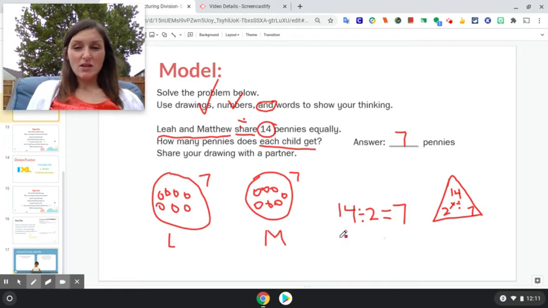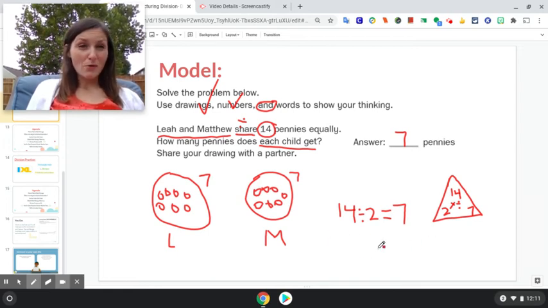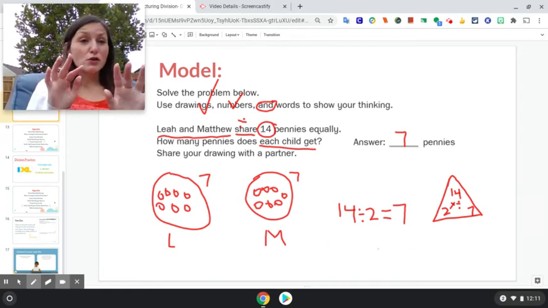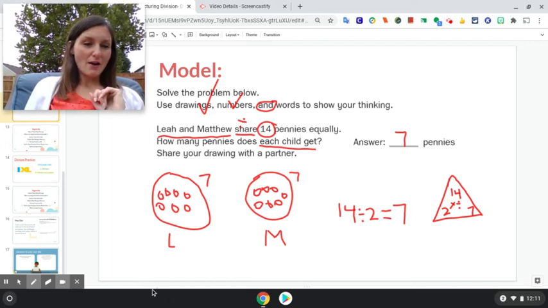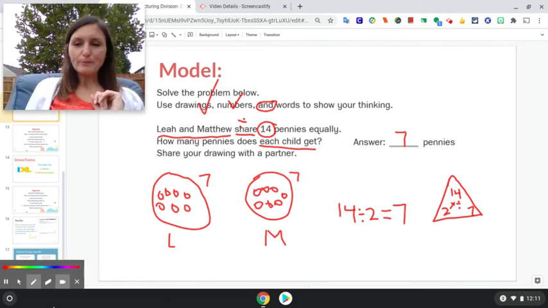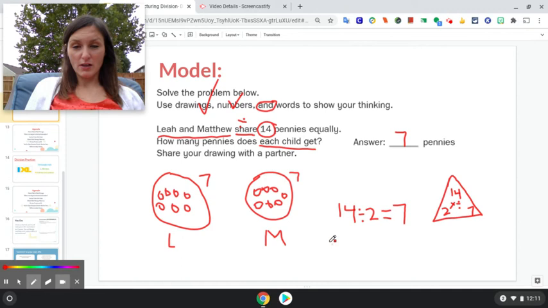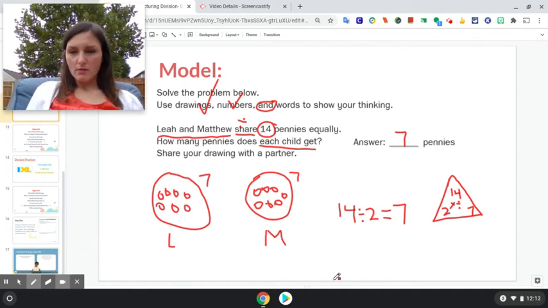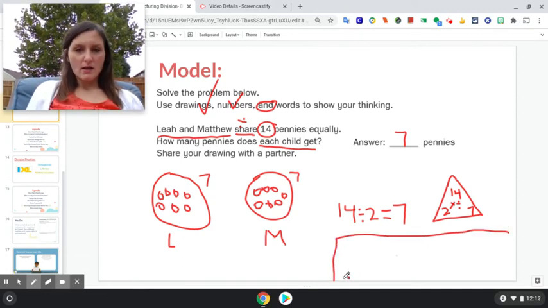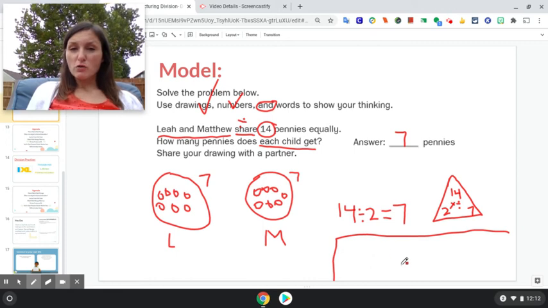Since this is going to take a long time for me to write out, I'm just going to share with you, and then you guys would type this out. I don't have that feature here. So I would probably write that there were 2 children, Leah and Matthew. Each child was able to share between 14 pennies.